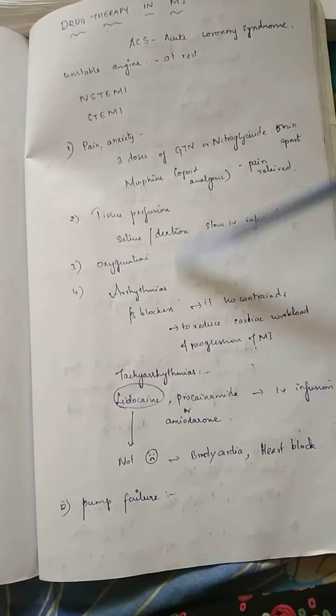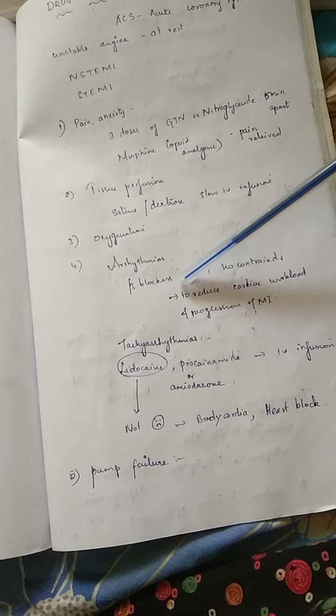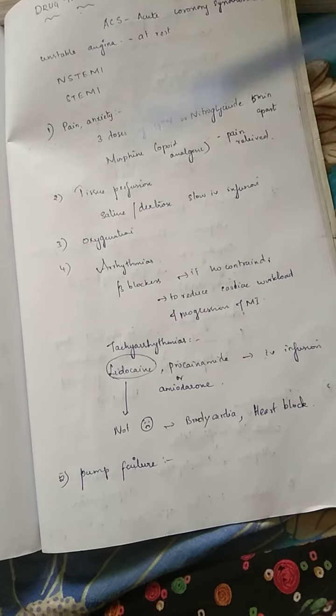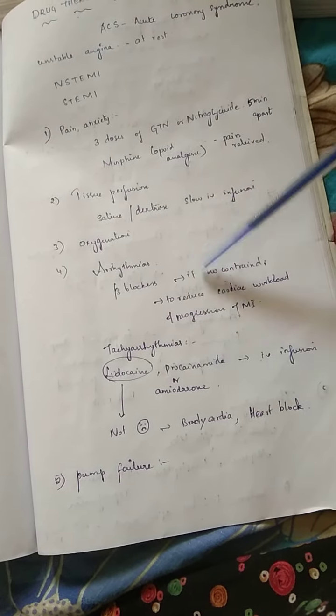Next, coming to the heart, we have to look out for any arrhythmias. Most of the cases there will be arrhythmias, and we treat them with beta blockers. Beta blockers can treat arrhythmias because there are beta 1 receptors in the heart.